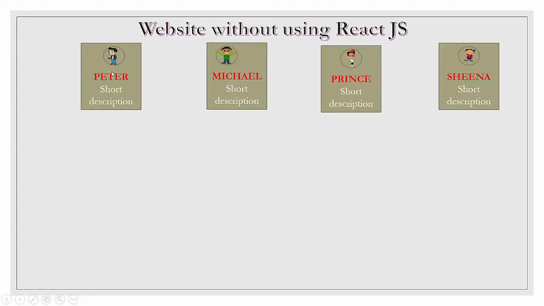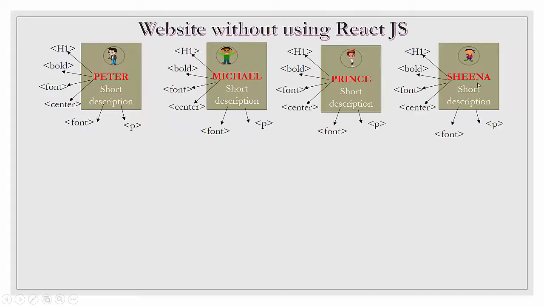To make it bold, I need to apply the tag B, and then to centralize it, I need to apply a center tag. So these are the four elements applied on Peter: h1, bold, font, and center. And for the short description, we have applied font and the paragraph tag. All right, and the same formatting which is applied on this box has to be reapplied on the remaining boxes.